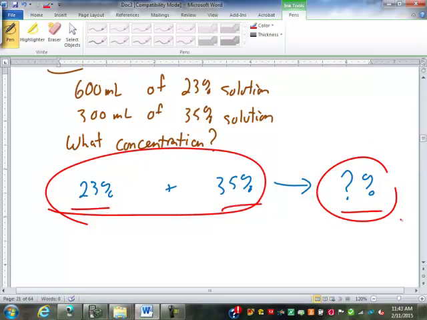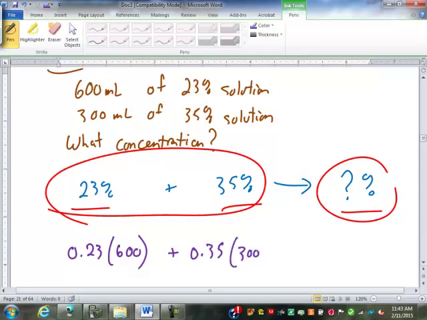So let's take a look at that. The amount of serum or amount of medication in the 23% is 0.23 times 600 milliliters. We're going to leave the milliliters off just for ease of calculation here. The amount of medication or serum in the 35% is 0.35 times 300 milliliters. Now we don't know the percent or the concentration of the final product.